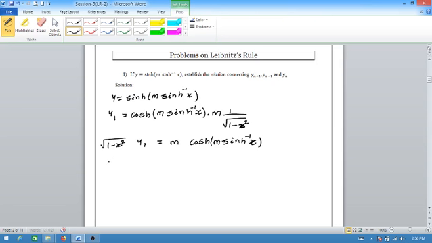Now differentiating one more time, in the LHS you have to differentiate by using the product rule.